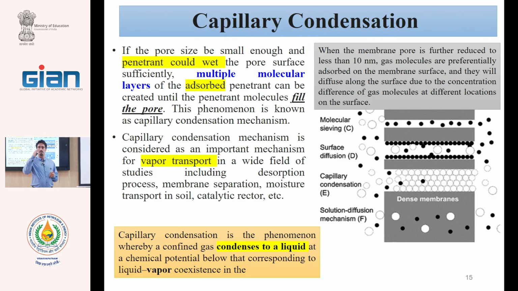For condensation, we must reduce the temperature below the critical temperature and then increase the pressure. Therefore, this mechanism is used for the separation of vapor. Because we have very narrow pores, when vapor passes through the pores, it condenses in the pores and changes to liquid, and the liquid causes blocking and filling of the pores.